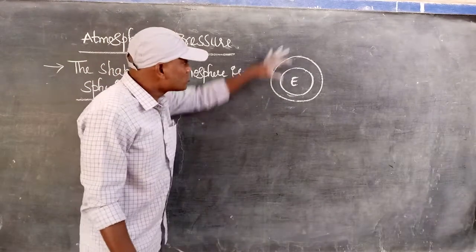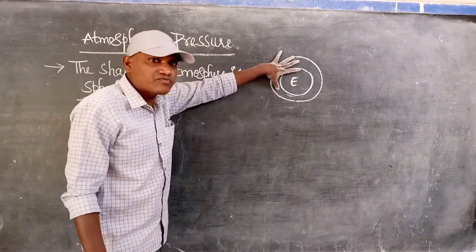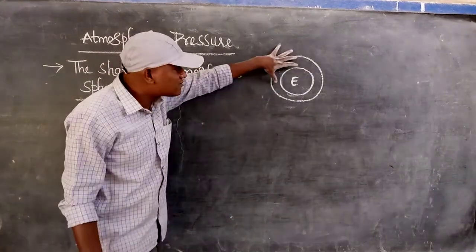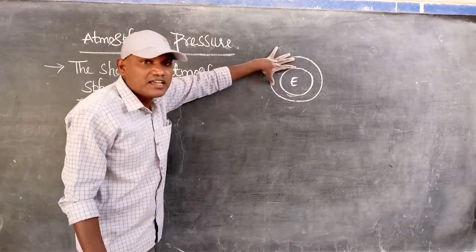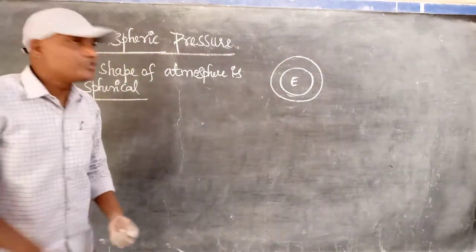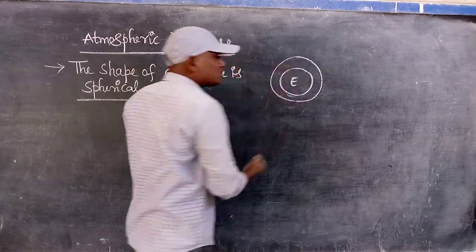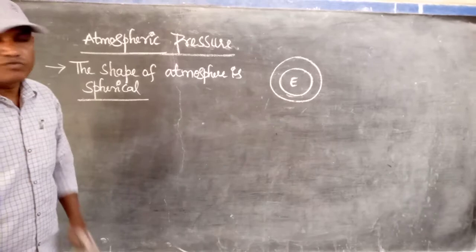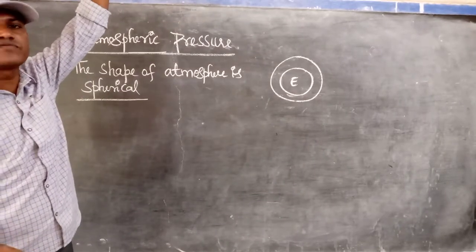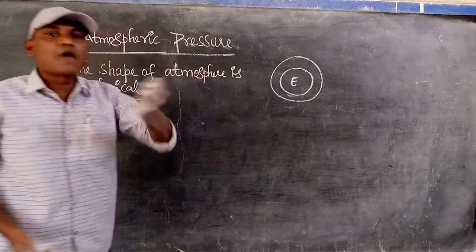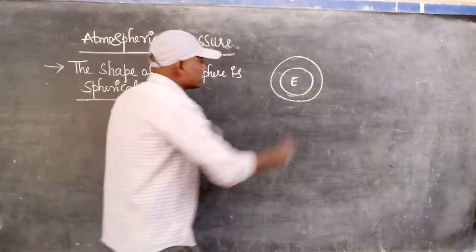So the RMS velocity of the gases present above the surface of the earth is less than the escape velocity. Due to that, the air surrounding the earth is always pulled downward without escaping from the surface, due to the earth's gravitational force.